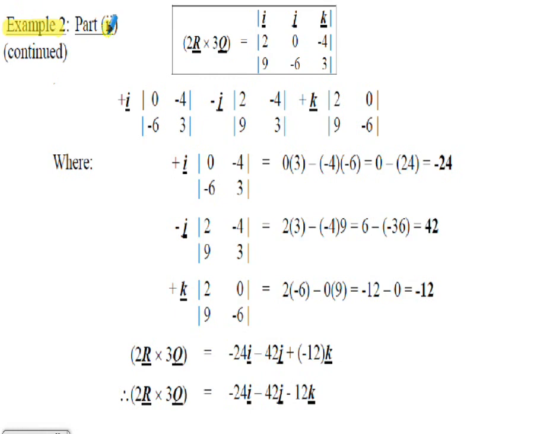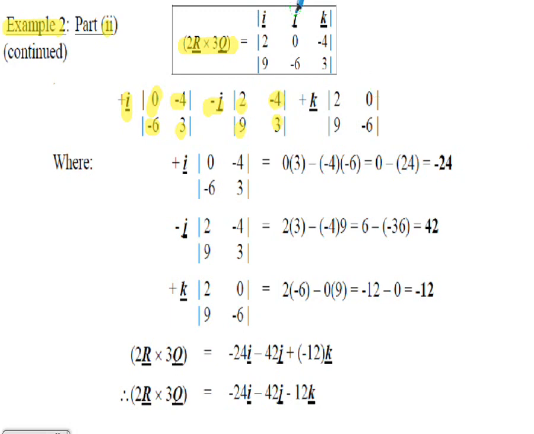Example 2, part 2 continued. I've just repeated this line here for convenience from the previous slide. Now we'll look at our determinants for i. So i, coefficients will be 0, minus 4, minus 6, and 3. And we get that by covering up this column and reading to the right the coefficients. The minus j, don't forget the negative j there, the coefficients will be 2, minus 4, 9, and 3.